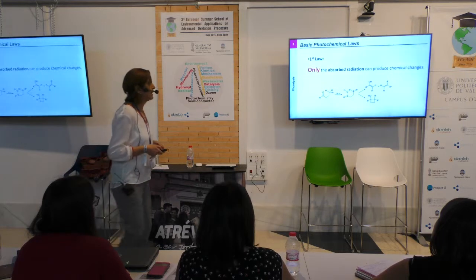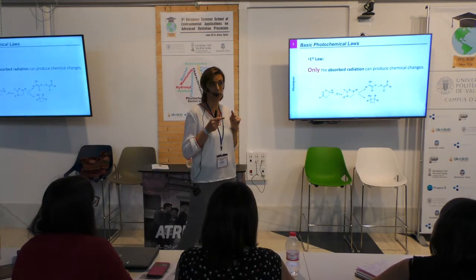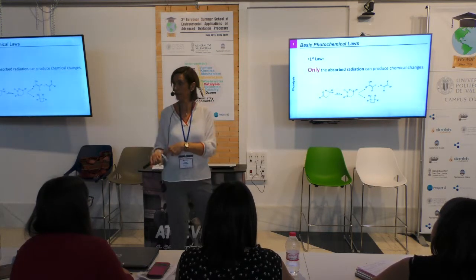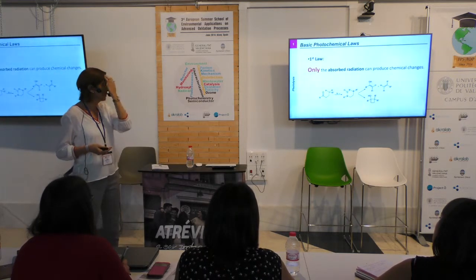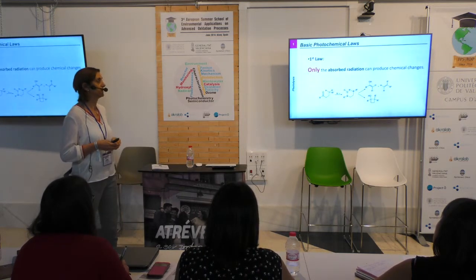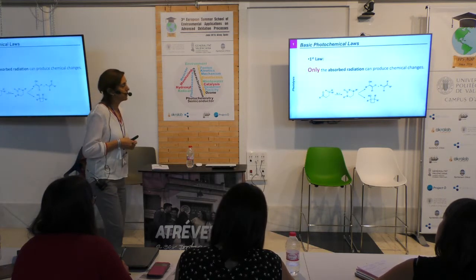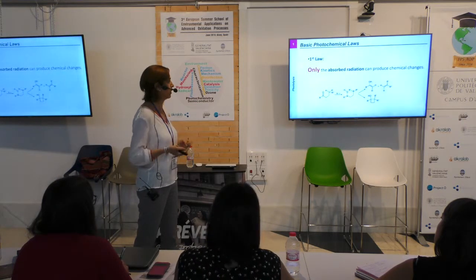We will remember that only the radiation that is absorbed will be used in chemical transformations. So this is very important to take into account. In photochemistry, each photon will react with just one molecule.